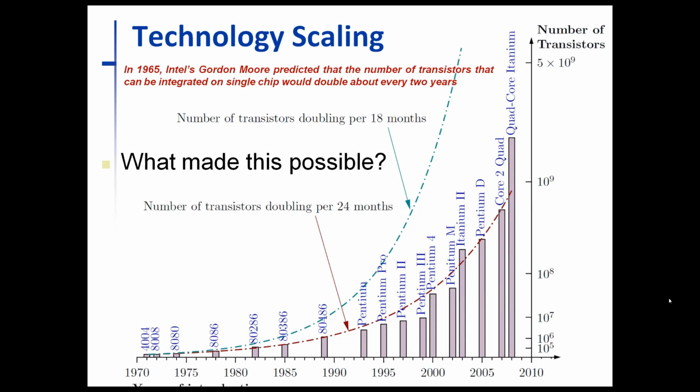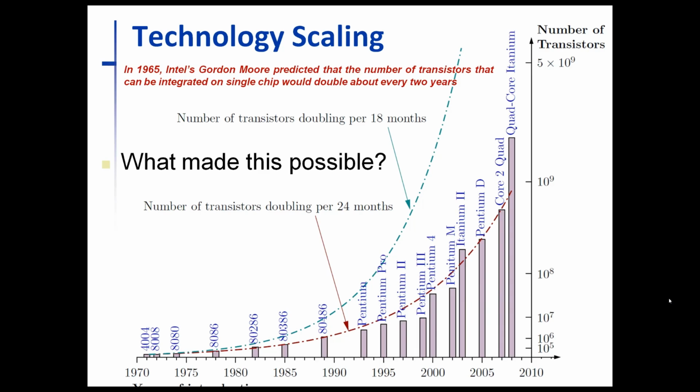Cost reduction. Cost reduction of producing the chip. Yes, true. But that is not the main reason why we were able to add more and more transistors. What makes it possible for us to add these?